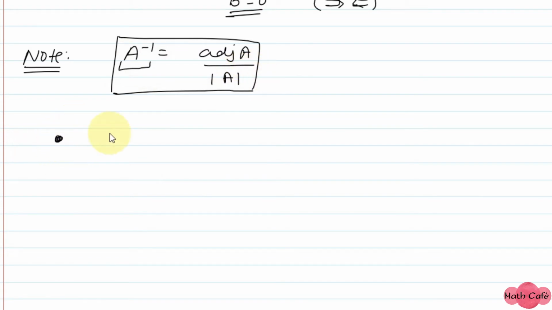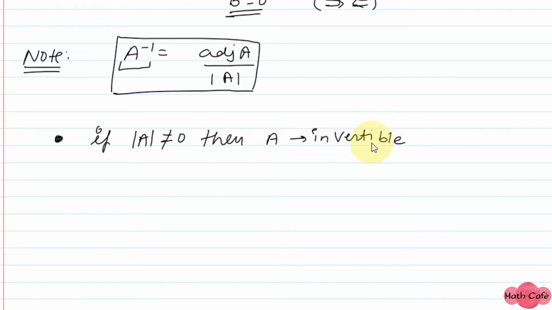First point is that if determinant of A is not equal to 0, then the matrix A will be invertible. Invertible means I can define A inverse for matrix A. Next point is that if determinant of A is 0, then A is not invertible, or non-invertible.